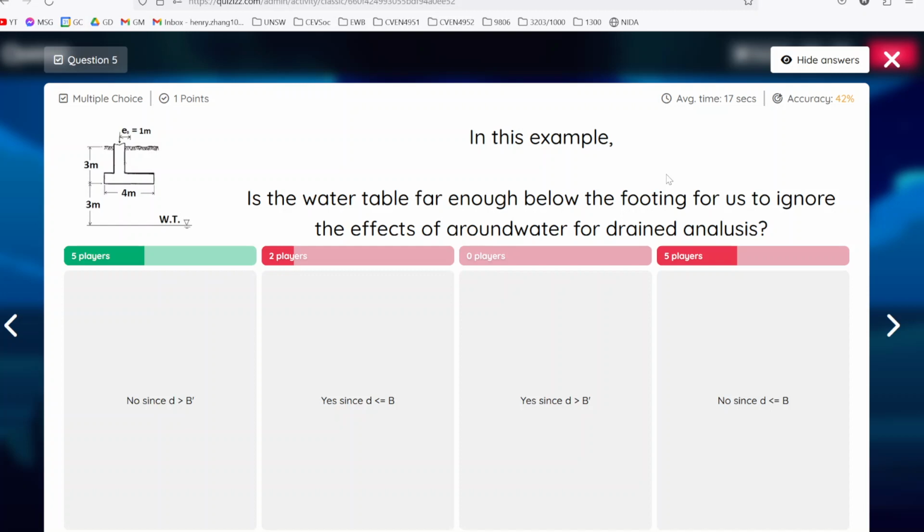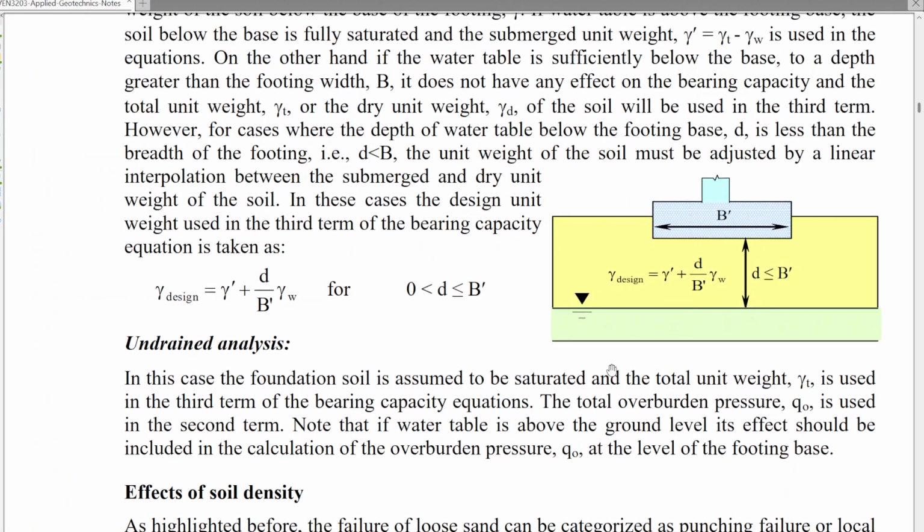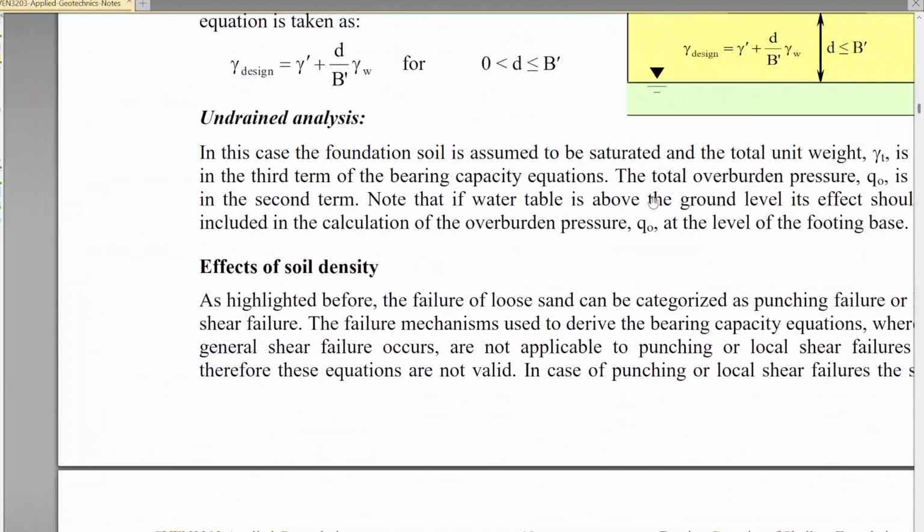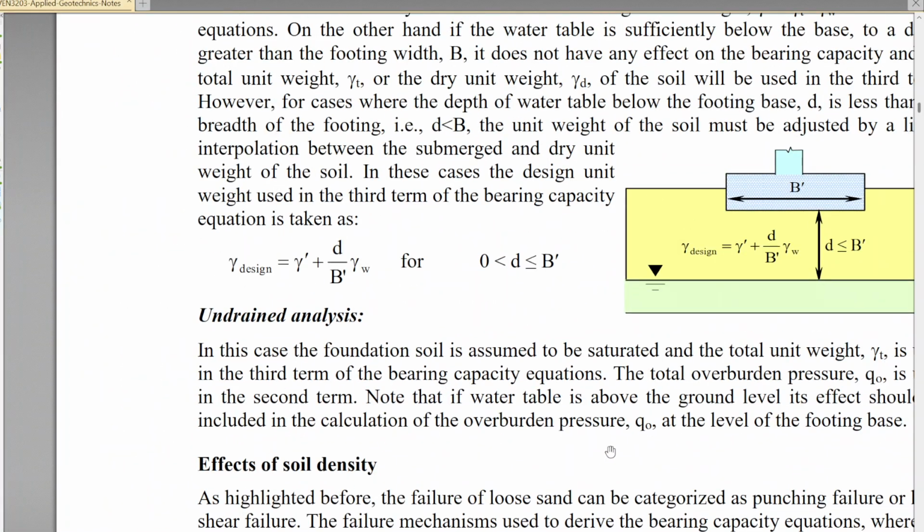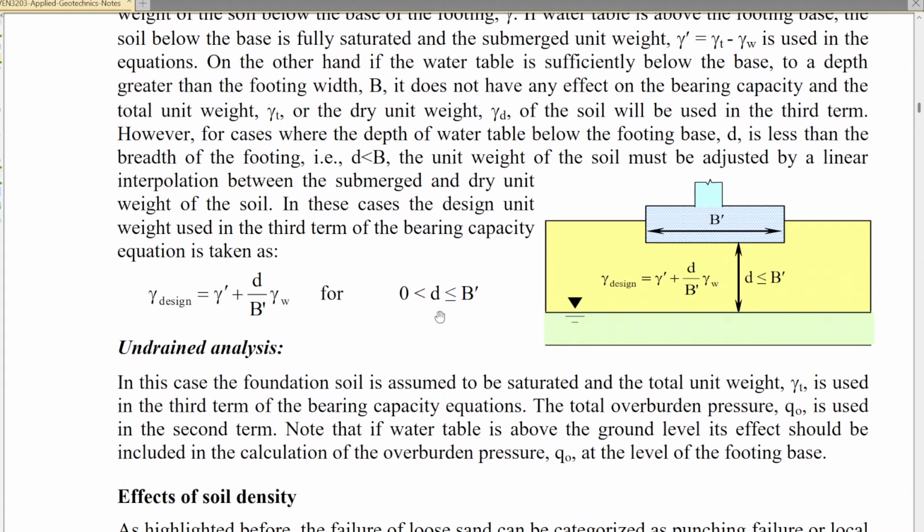So, yeah, essentially, if you've never seen this equation before, it's here in your notes. So in page 17 on the physical booklet, you have to consider the effects of groundwater. Okay, so if the water table is really far beneath our footing, you can essentially just use gamma T for drainage analysis. Groundwater is not going to really affect your footing.